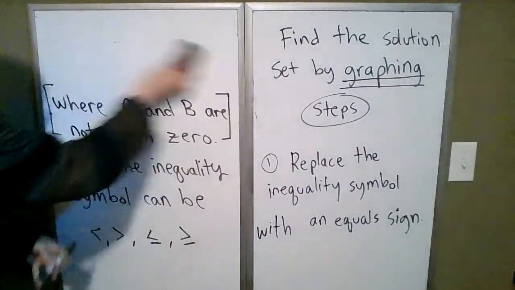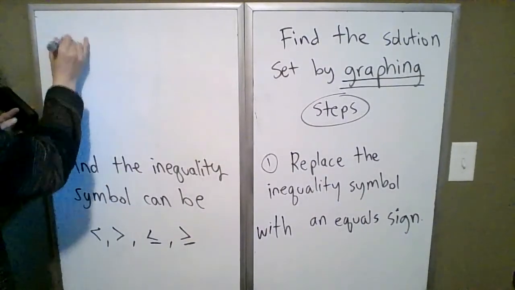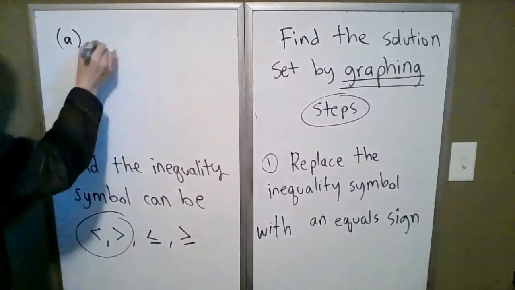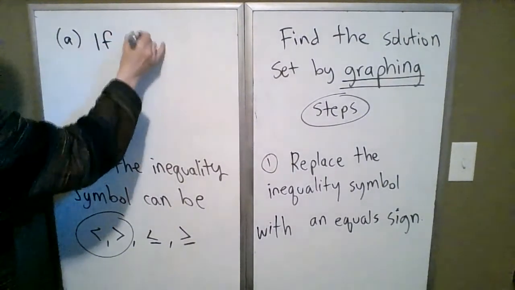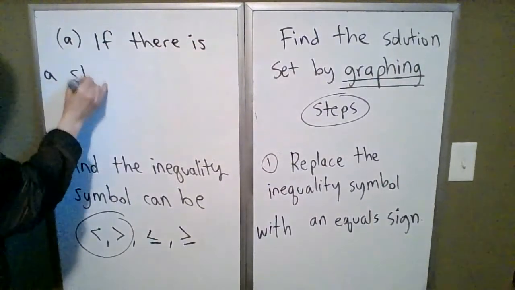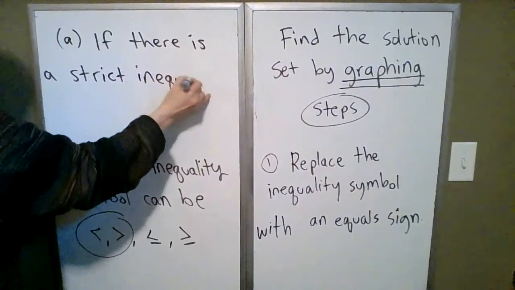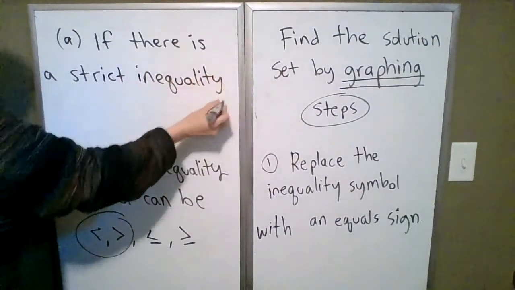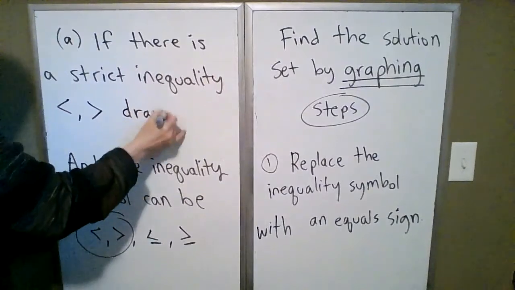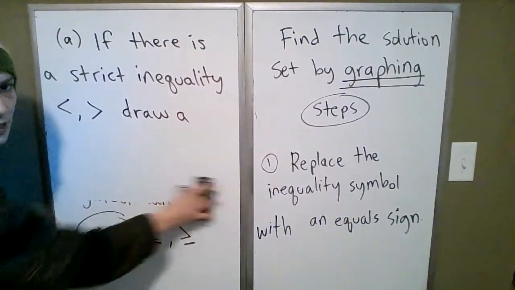Okay, so this is like number 1, part A. If it's one of these symbols, so it's like a dashed line or dotted line.